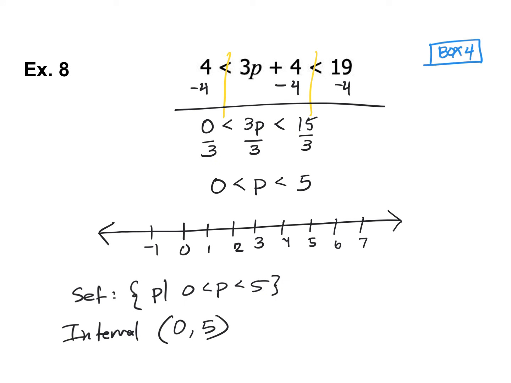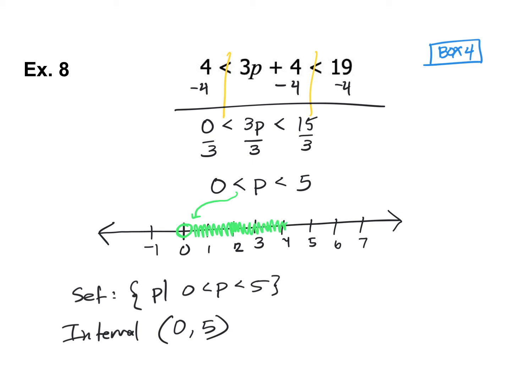I did forget to graph it on my number line, but let me go ahead and do that now. So I have 0, open circle, and it's an open circle because it does not have the equal sign. And notice that it says 0 is less than p, meaning that p is the larger number, which is on the right hand side.